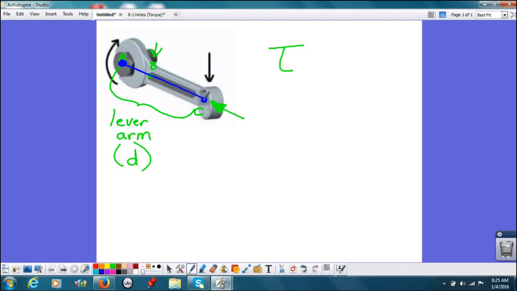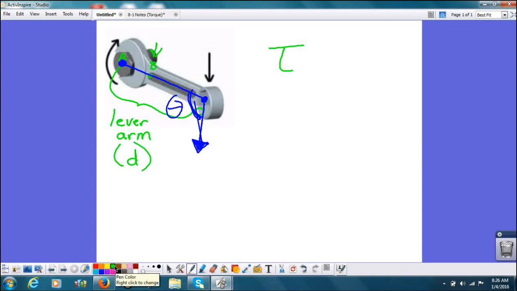And then you draw in the direction that the force is applied. So right here, if it's applying it straight down, I go like that. I'm using this first example here. Again, start at the axis of rotation, go down the lever arm to where the force is being applied, draw the arrow in the direction the force is being applied. This angle right here is the angle for our equation.